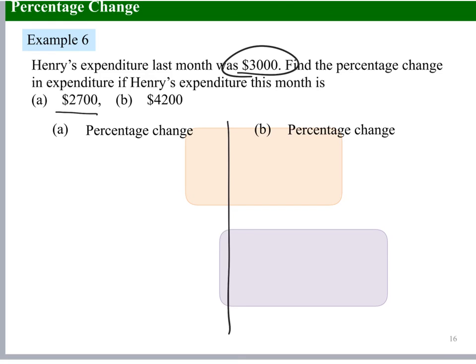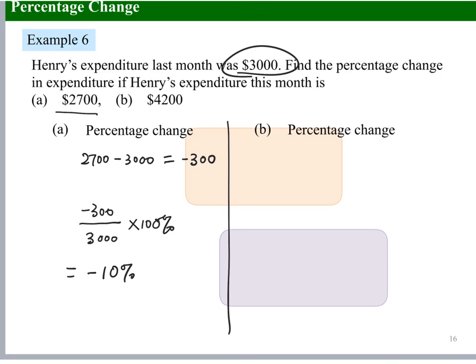We use the new value minus the original, that is negative $300, and we put negative $300 on top, the original at the bottom, times 100%. And the answer is negative 10%. It means the percentage change is negative 10%. It is a percentage decrease.